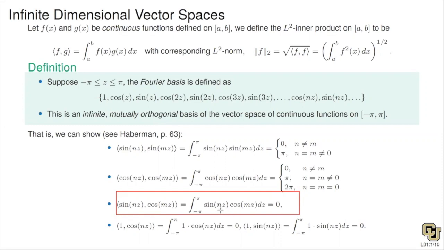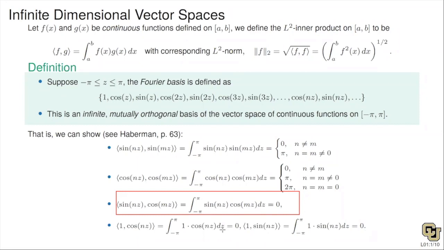Remember, sine's an odd function, cosine's an even function. The product is an odd function. The integral of an odd function from minus a to a is always 0 because the area above and below cancel. And finally, the last basis function is 1. We can show the inner product of 1 with cosine is 0, and the inner product of 1 with sine is 0.